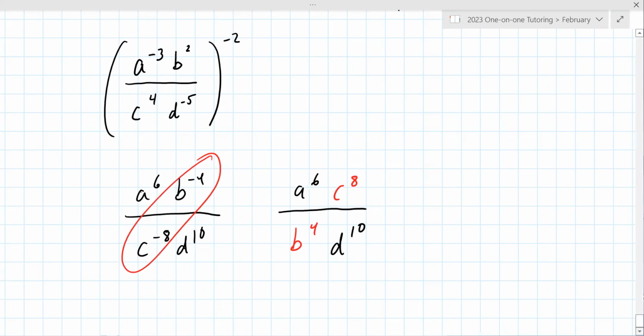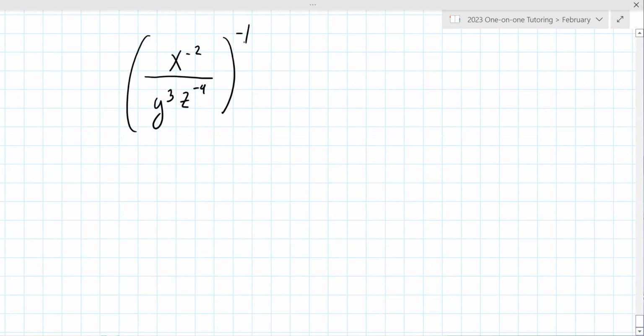Let's try one more here. Let's go x to the -2, y cubed z to the -4, all to the -1 power. So just give me the final answer. No intermediate steps, just the final answer on this one.